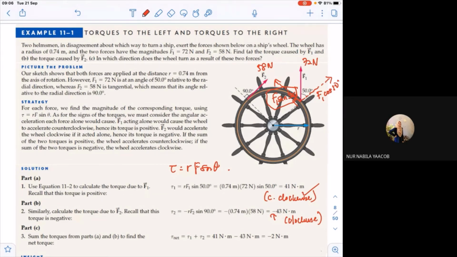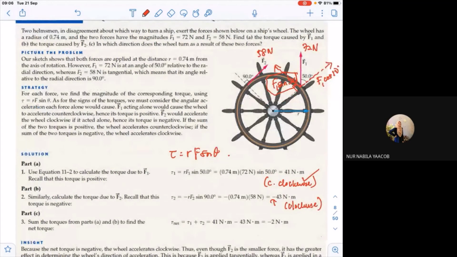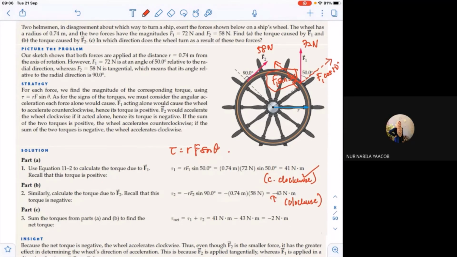And the net torque: which direction does the wheel turn as a result of these two forces? Of course, there will be a difference between torque number 1 and torque number 2. The net torque is torque number 1 plus torque number 2. So 41 Newton meters plus negative 43 gives you negative 2.